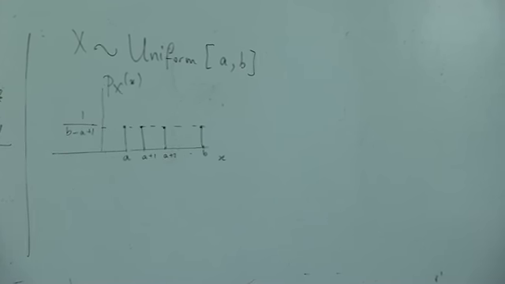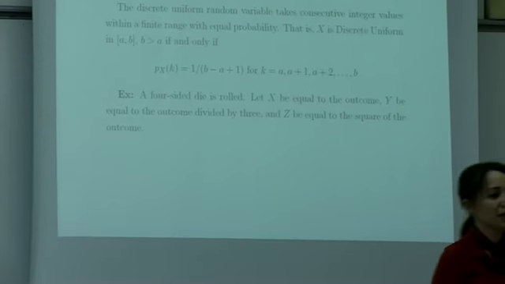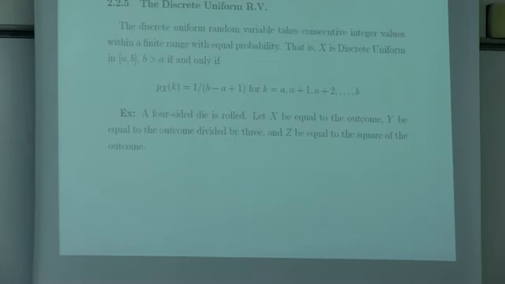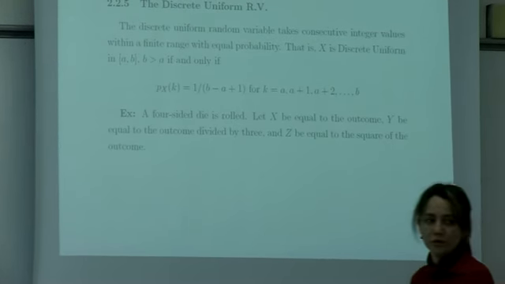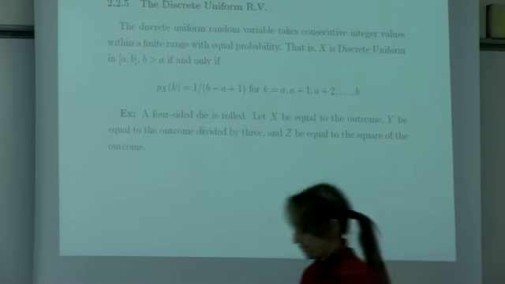Right. So here's another example for you. I roll a four-sided die. What's a four-sided die? A tetrahedral die, right? I roll this die. Let x be equal to the outcome: 1, 2, 3, 4. Is x a uniform random variable?